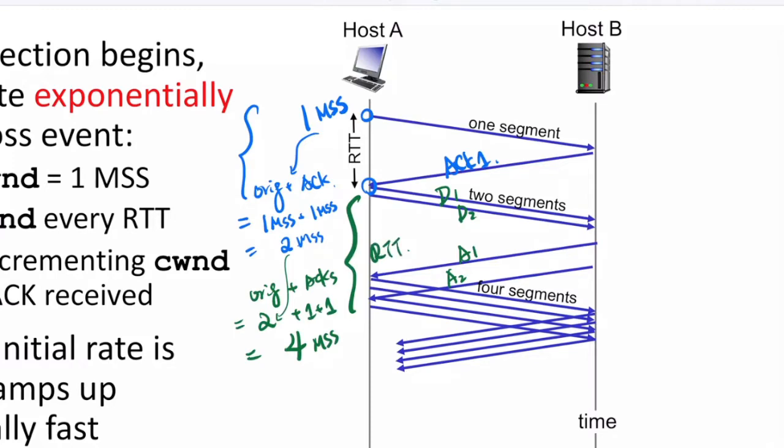This round is a little bit larger than RTT, because RTT only measures the time for one packet to go from A to B and the other packet back from B to A. But in this case, we have 4 packets: D1, D2, A1, A2. So in the second round, the time is a little bit larger than an RTT, but it's okay. We simply call it the second round.